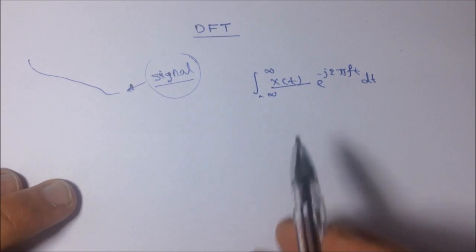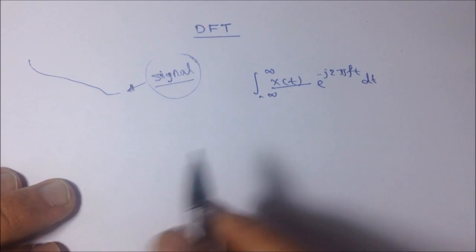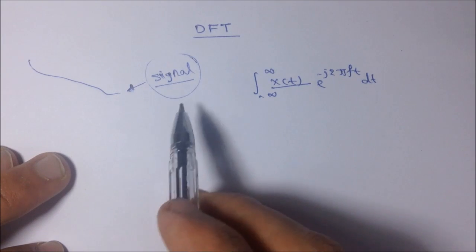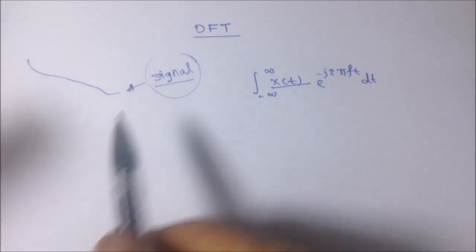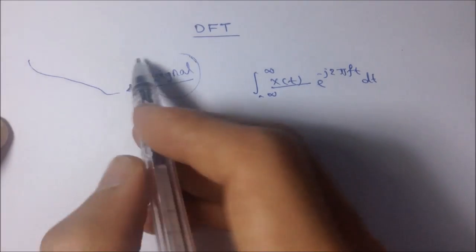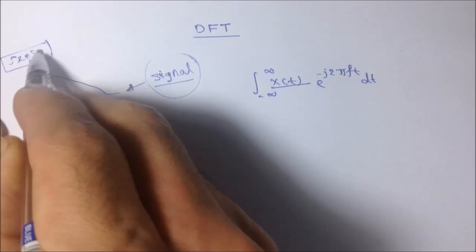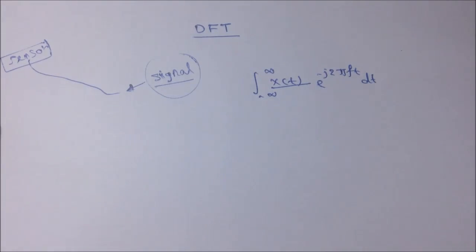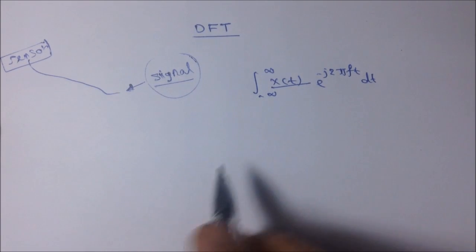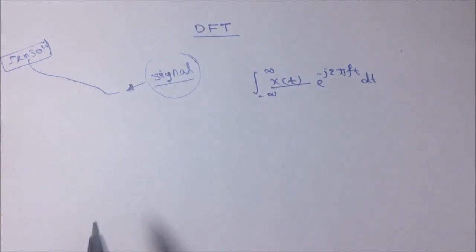But you don't know what x of t is. You don't know its analytical expression. The signal may be completely random. It comes from, I don't know, maybe a sensor. So that's how the Fourier transform is useless in practical applications.